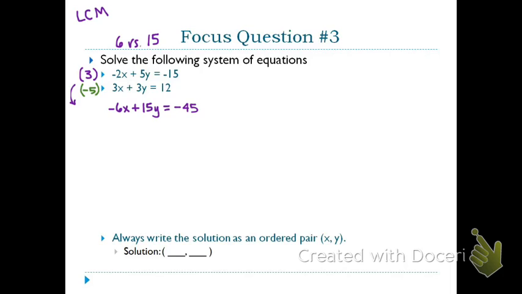Now the bottom: multiply everything by a factor of -5, so just switch your signs when you multiply everything by 5. We get -15x minus 15y, and that's equal to -5 times 12. Let's see how our multiples are. -60. Cool.